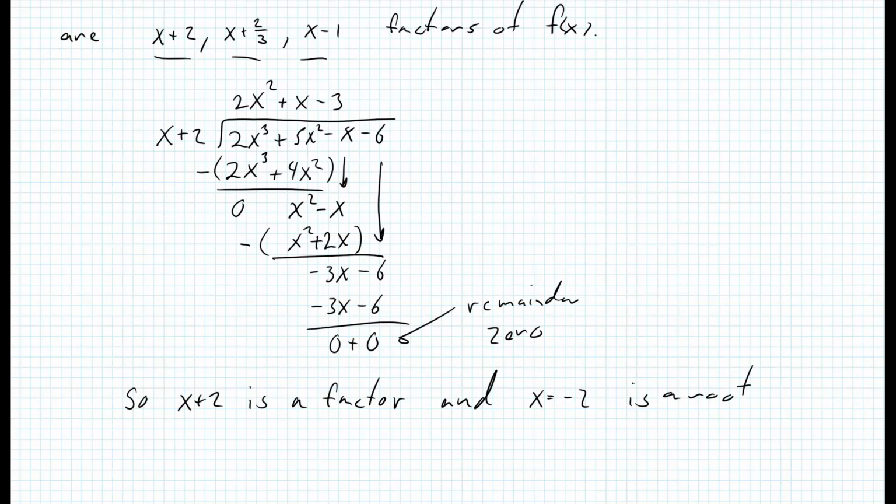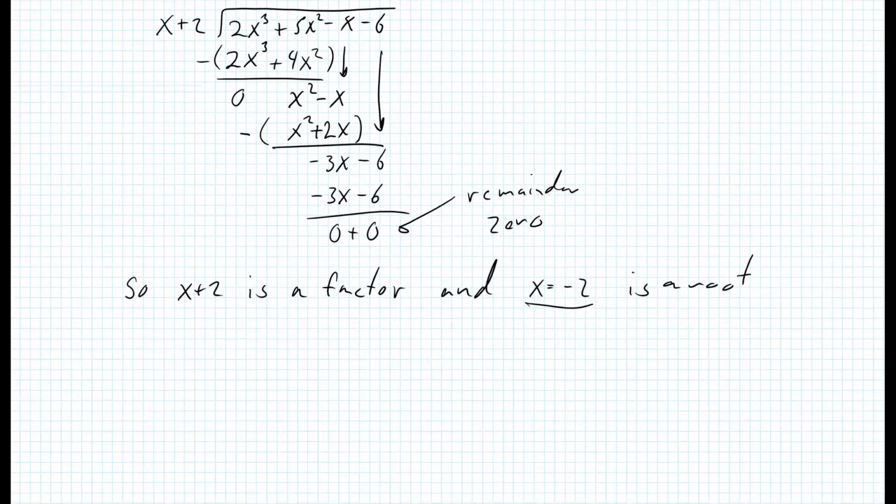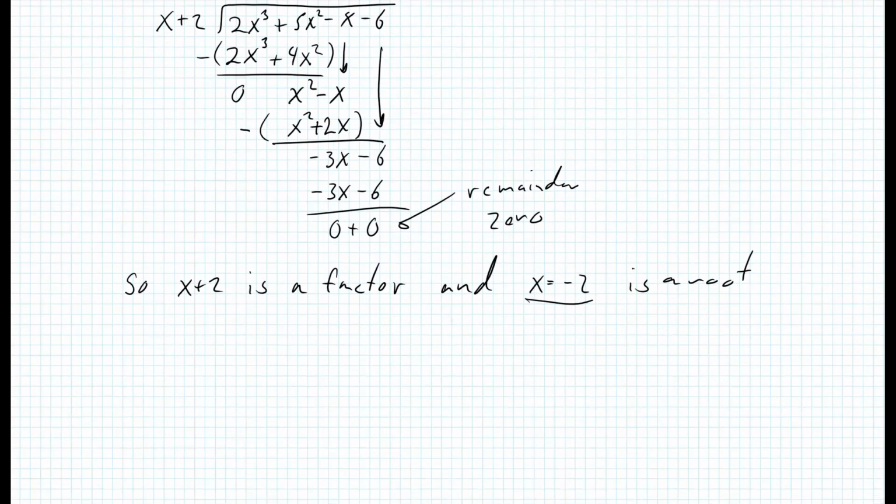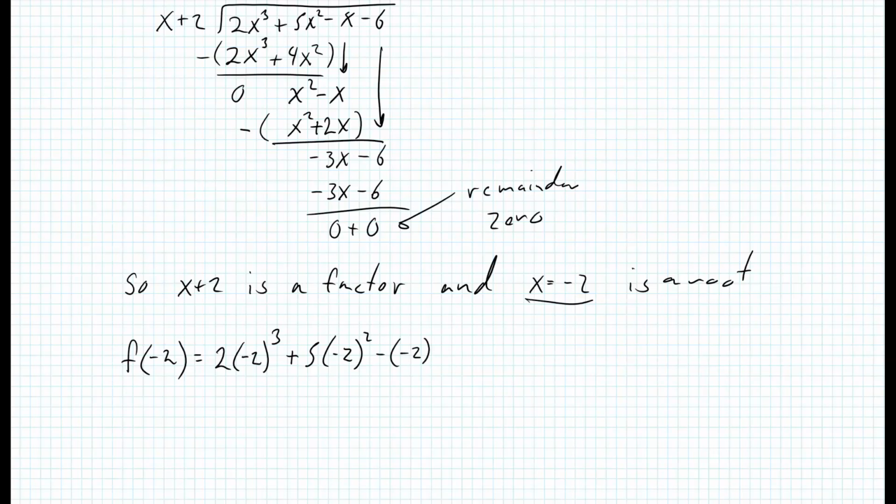In other words, if I put minus 2 into this function, it comes out 0. So it crosses the axis at minus 2. But notice I could have checked to see if it was a factor just by calculating f of minus 2. That would be 2 times minus 2 cubed plus 5 times minus 2 squared minus minus 2 minus 6.